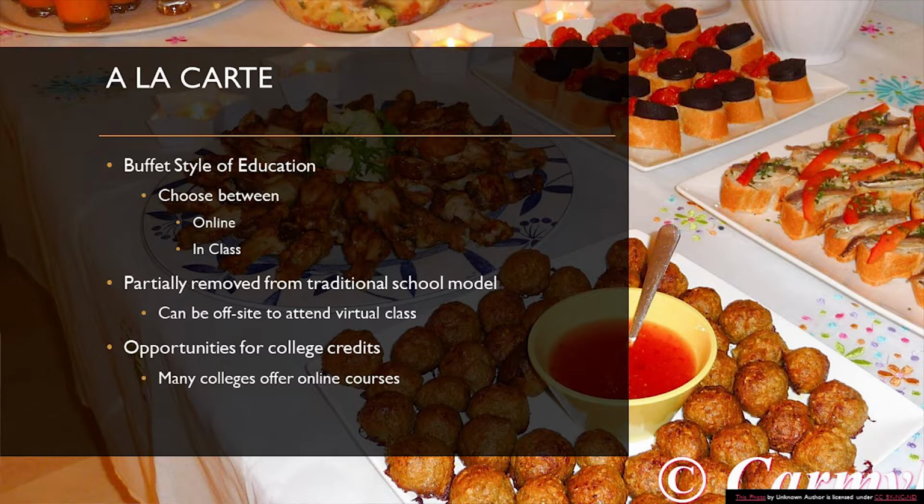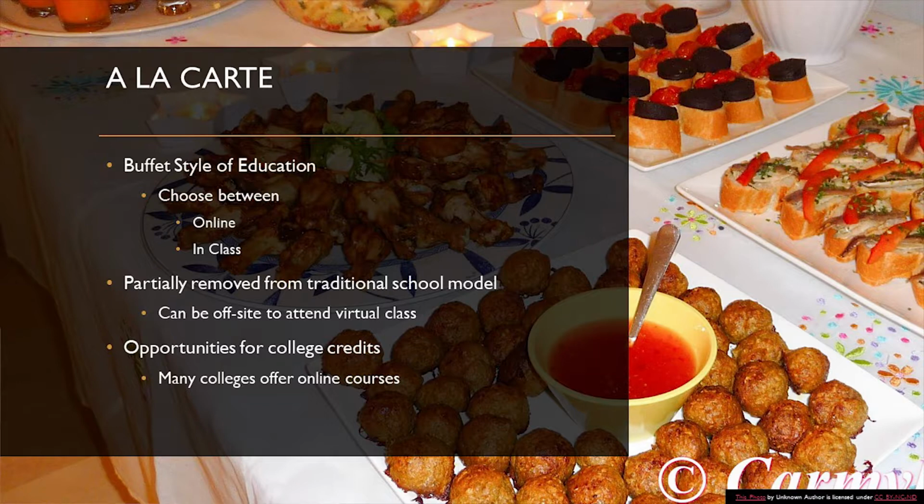See, the a la carte style allows a student to choose between online and in class for their education. So they could spend 2 or 3 classes online learning through college that's providing online courses, or learning through some other institution. And as well as then they can choose to go into a brick and mortar classroom and engage with other students and the teachers.